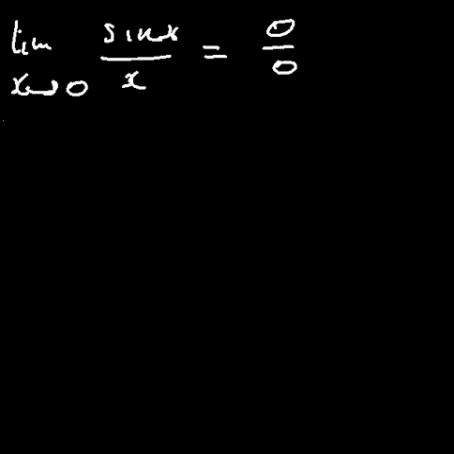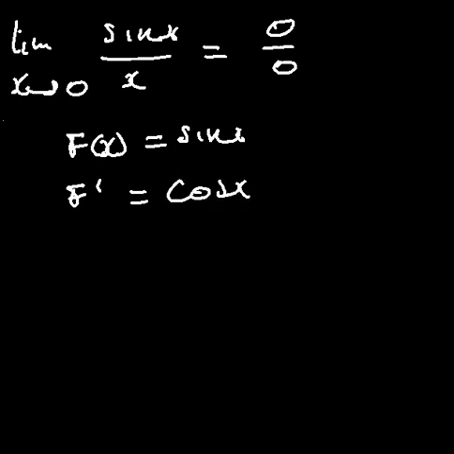Since we have a fraction case, we have to let the numerator be given as f of x, that is sin x. Then what is f prime of x? We'll have it as cos x, and the denominator has to be given as g of x, which is x, and g prime of x will be given as 1.